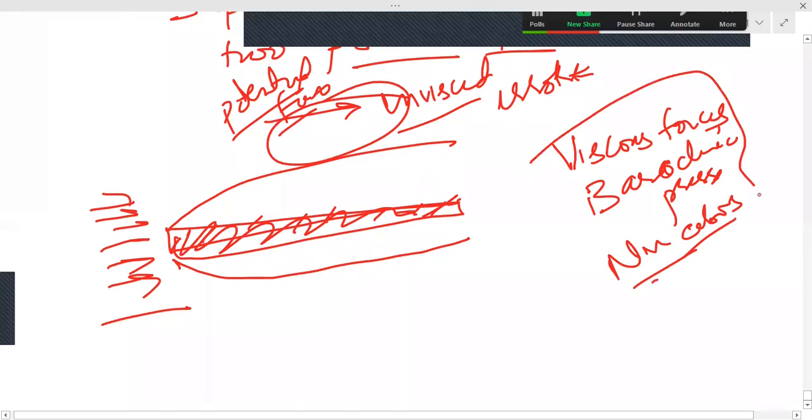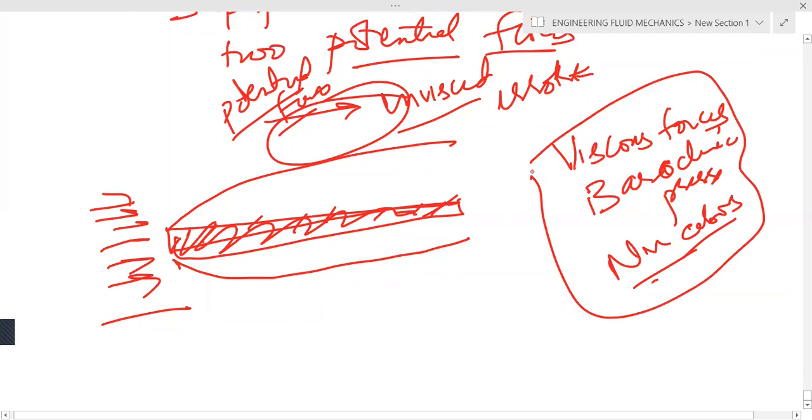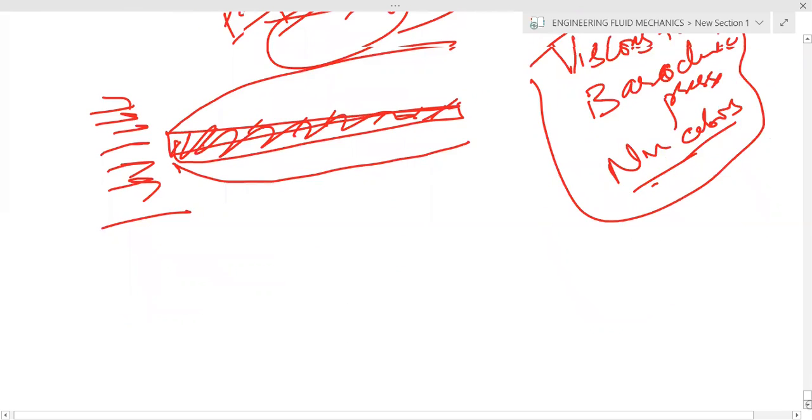These are the three conditions in which the fluid region can be rotational. If these are not present, then the fluid region is irrotational. Is this clear to everyone, or is there some doubt in this? Clear, sir, this much is correct.